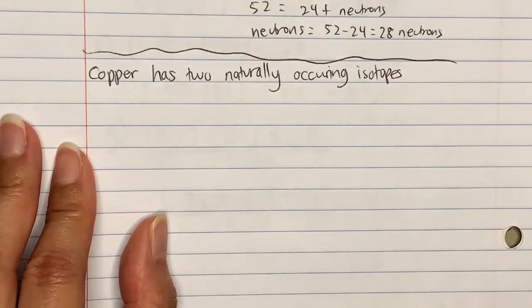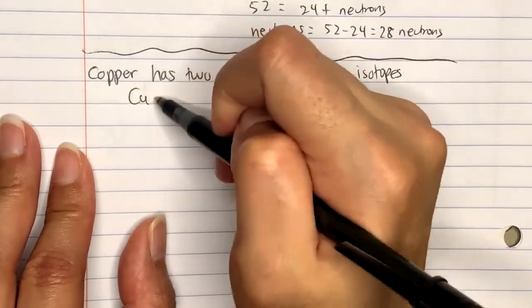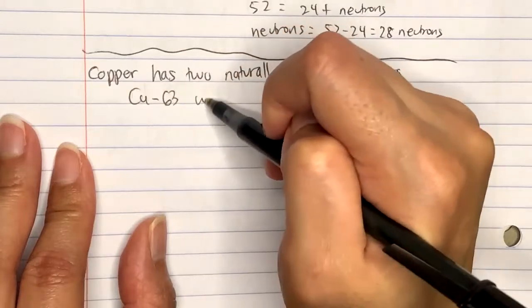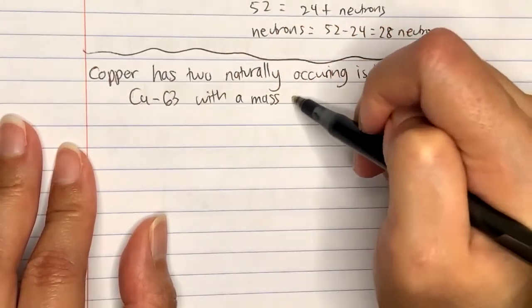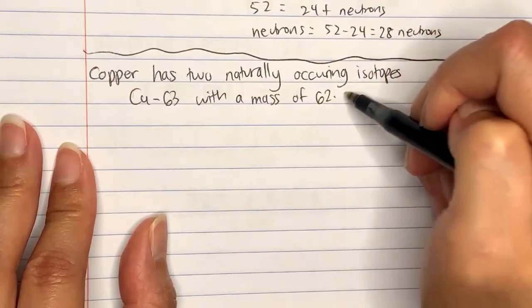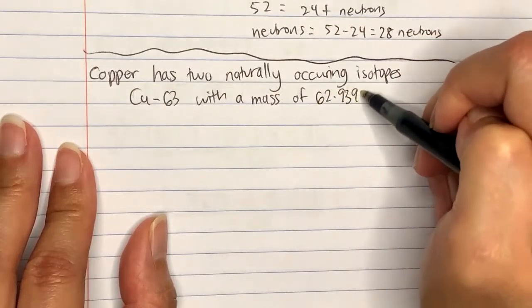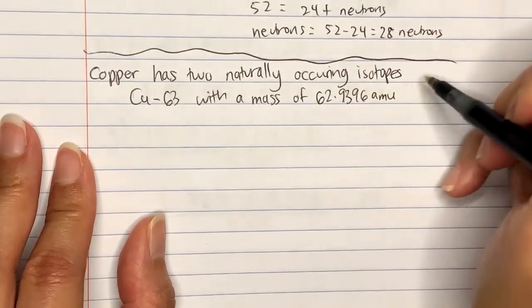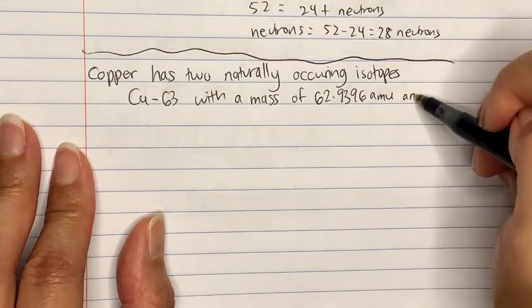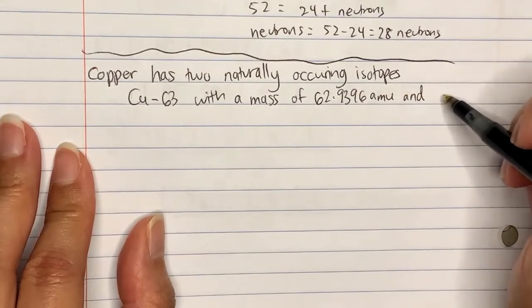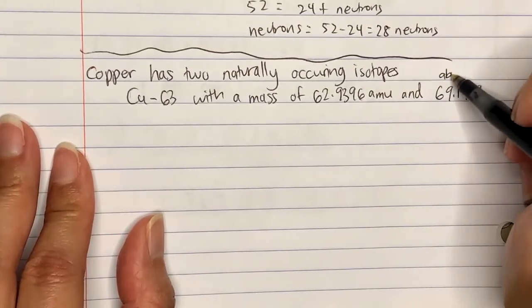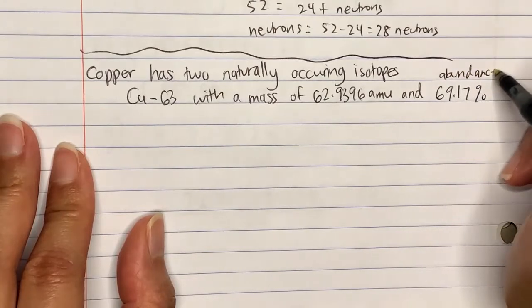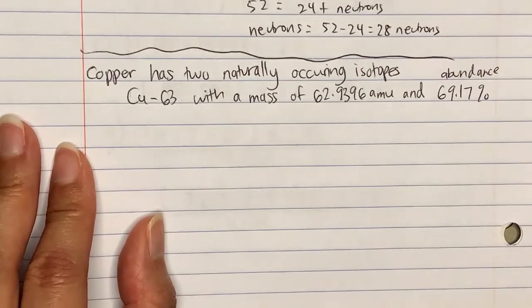Okay, we have Cu63 with a mass of 62.9396 AMU and abundance of 69.17%. Okay, that's the first one.